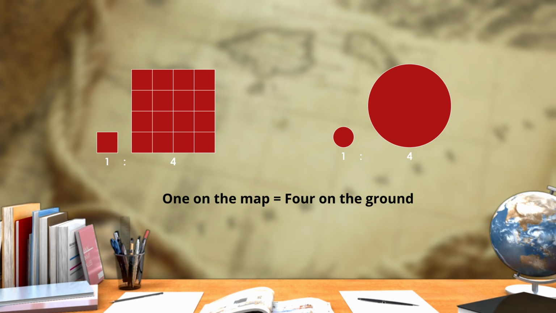The one square can fit on a piece of paper. However, the 16 grid or square cannot fit on a piece of paper. Therefore, we need to come up with a scale, which can either be ratio, linear, or word.